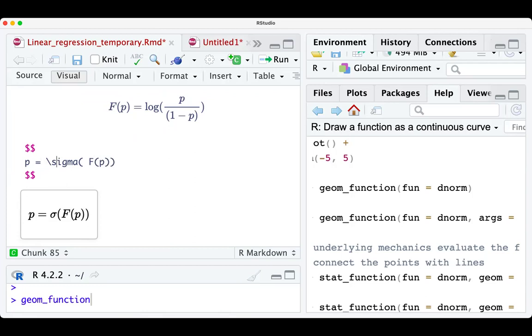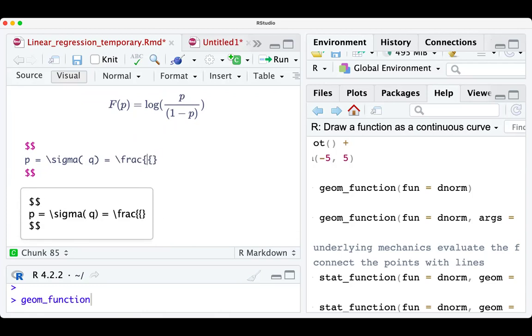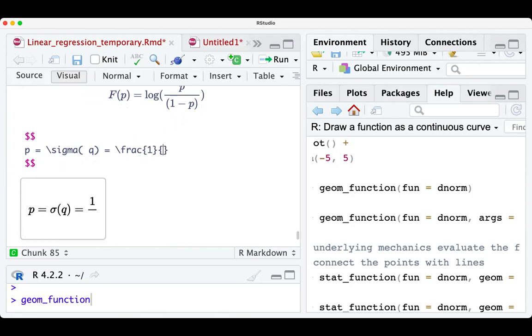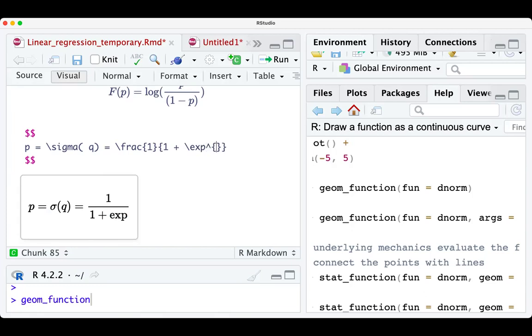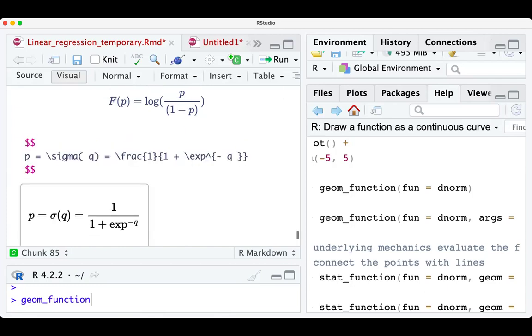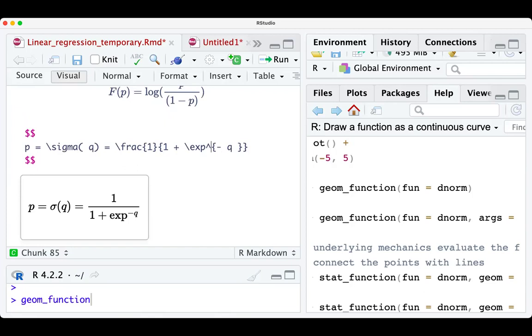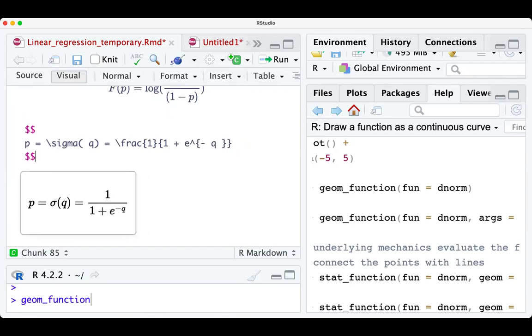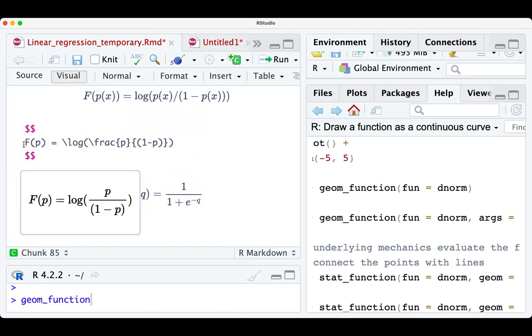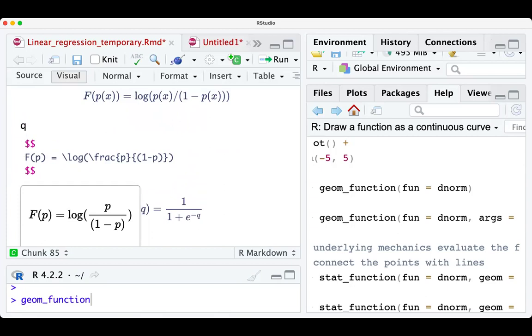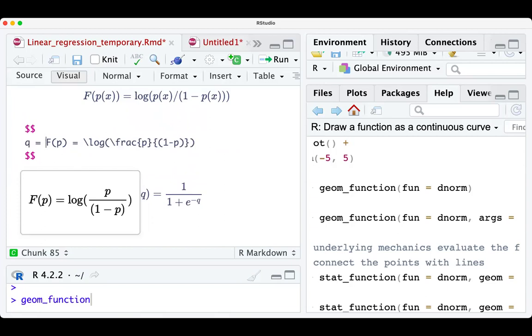And the definition is sigma of q equal to 1 divided by 1 plus the exponential of minus q, that is, e to the power minus q. So we have these two functions.